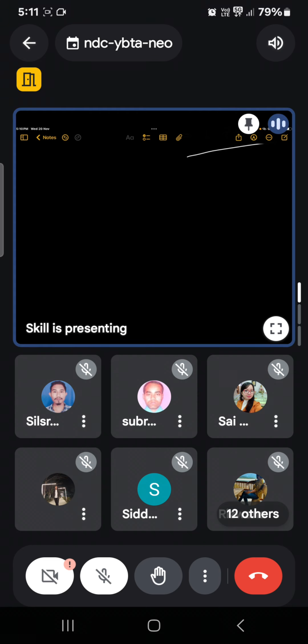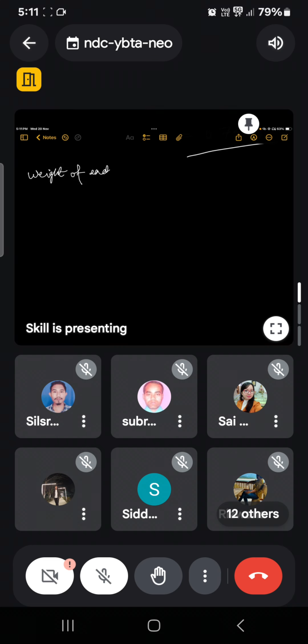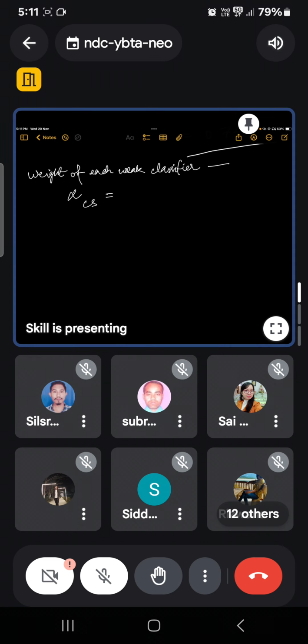Then again we will compute the weight of each weak classifier like the previous one. For communication skill, here I will directly put the value. I have already shown you how we can put it.